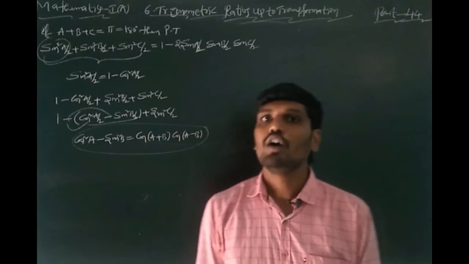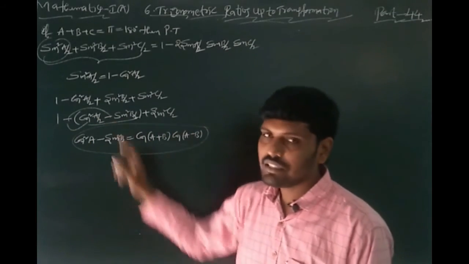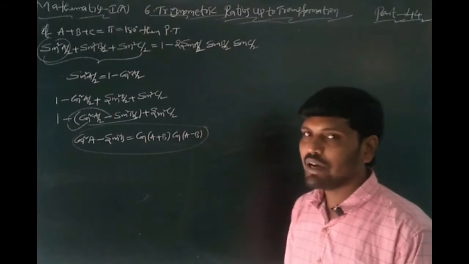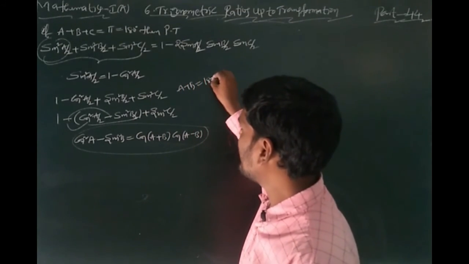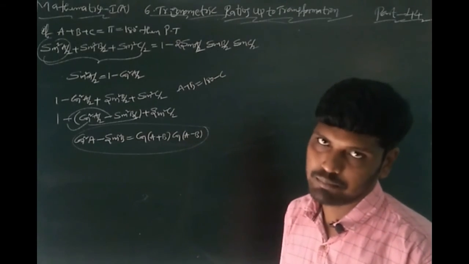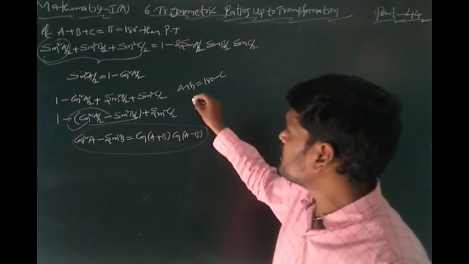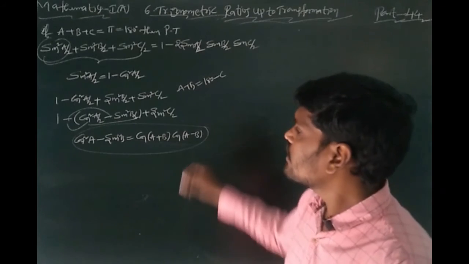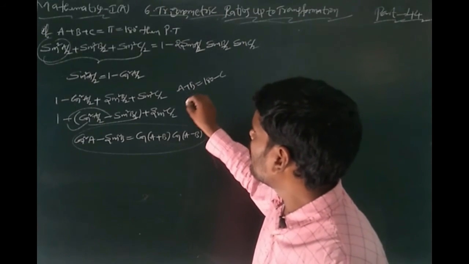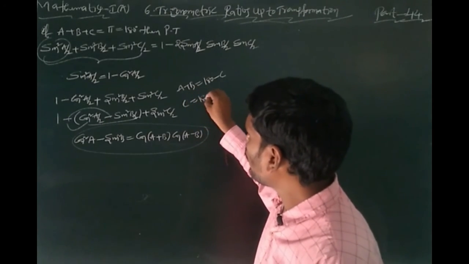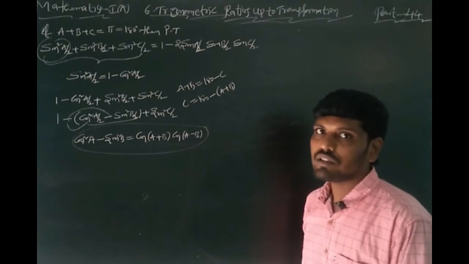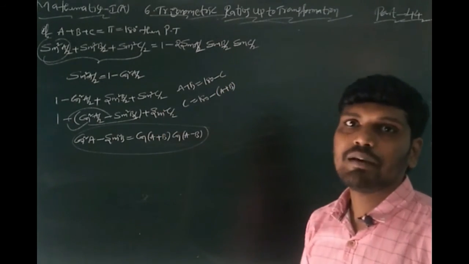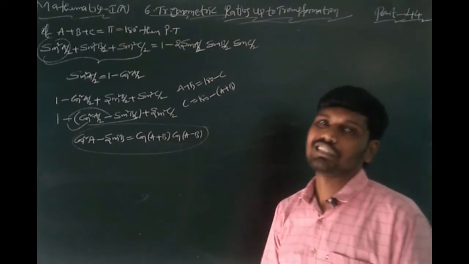In this formula, you can write a value is a by 2, b value is b by 2. After that, a plus b is equal to 180 minus c. Next, c is equal to 180 minus (a plus b). After that, you can write sin square c by 2 equal to 1 minus cos square c by 2.